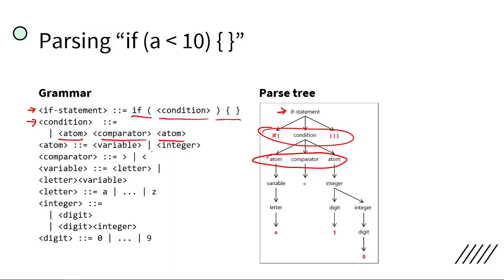However, we can see in our input that A is basically a letter. And then the letter is a variable. So a variable can be a letter or a letter followed by a variable.